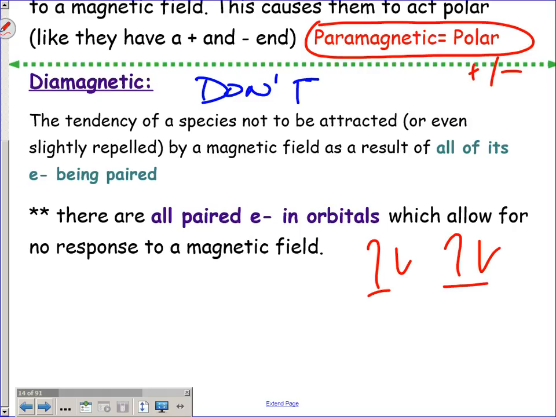And look at your metals: calcium, magnesium, strontium, barium, that whole group. What about manganese? No, manganese would have a 3d5. Those are 5 unpaired electrons. That's a large amount of magnetic field.